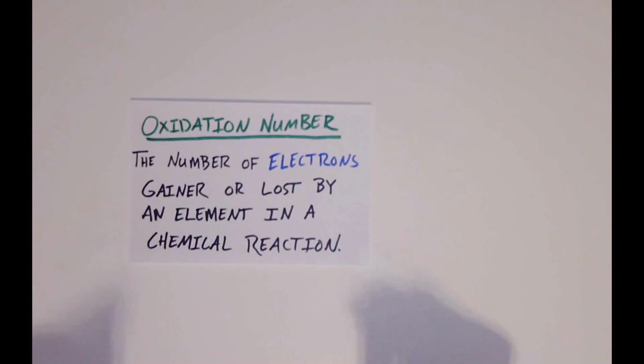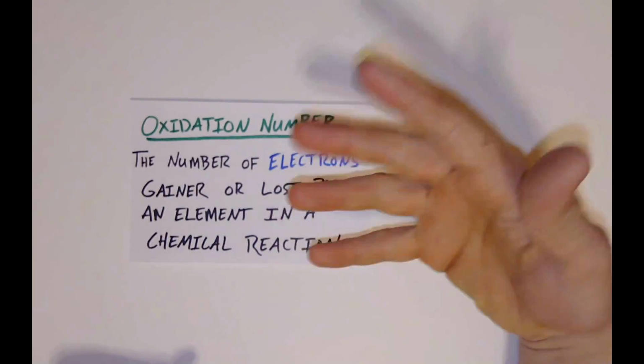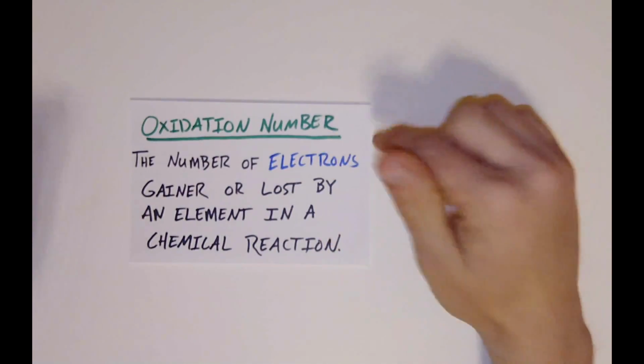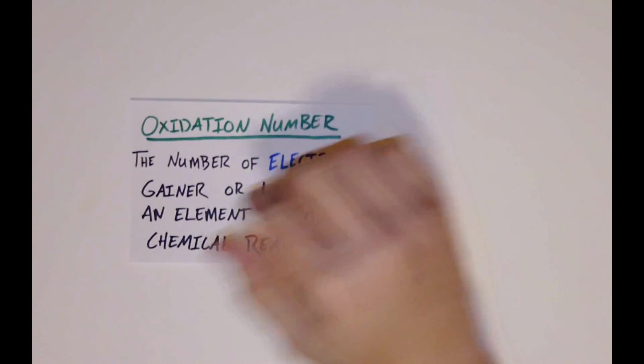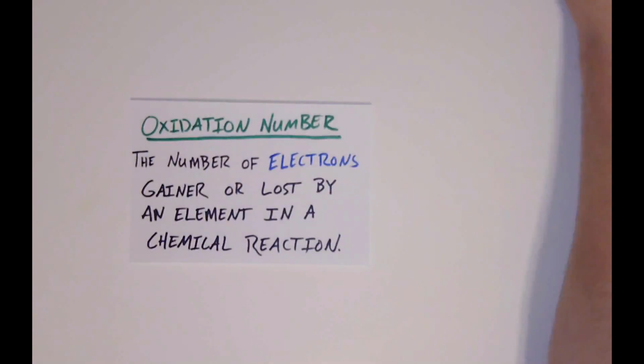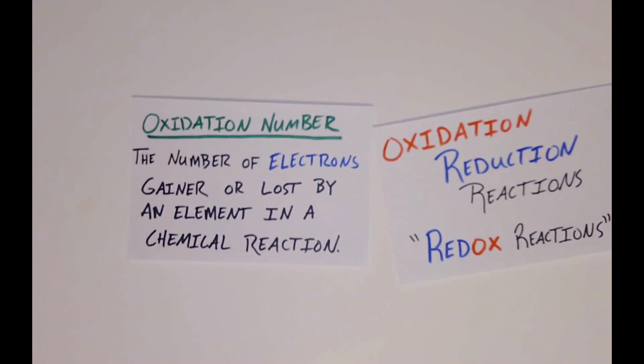And these numbers and determining them is the first goal of the class. Once we know this way of learning and this method works, this is where we're going to start off. Because to understand oxidation reduction, to understand these redox reactions, we have to understand oxidation numbers.